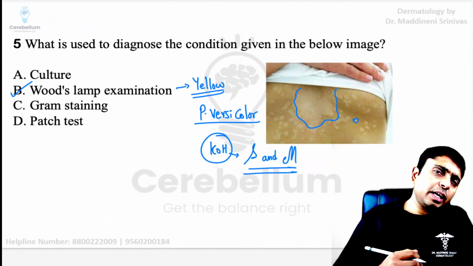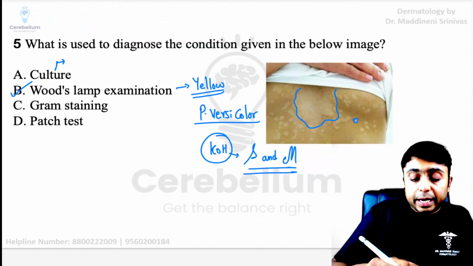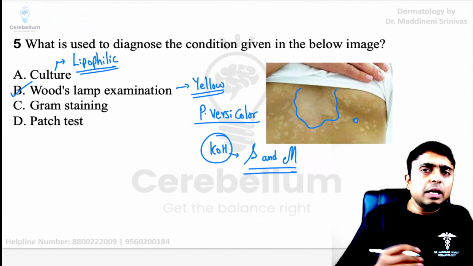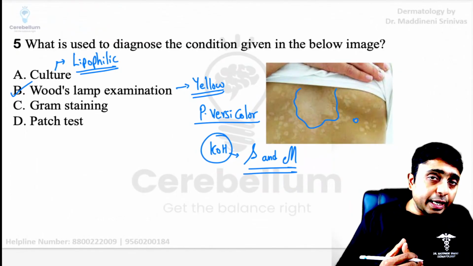And you might be wondering why culture is not the answer. Please remember, Malassezia requires lipid for its growth. It's not some normal media which we can use for the growth. We need to add some oil.